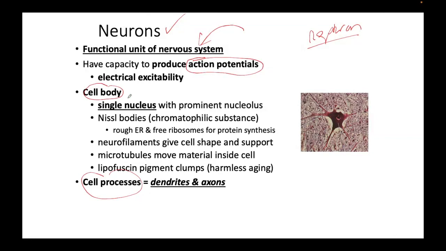It's got, in the neuron, these structures called nissl bodies that are very, very similar to the rough ER and ribosomes because they make proteins. And when we talk about protein synthesis for the neuron, we're thinking neurotransmitters. That's why protein in your diet is so important.